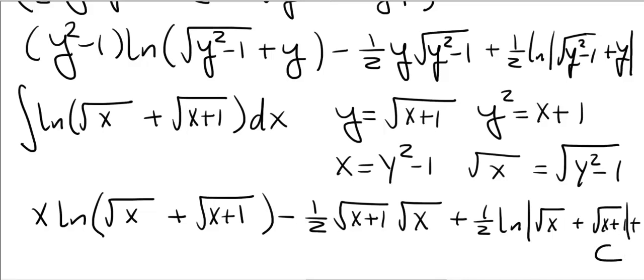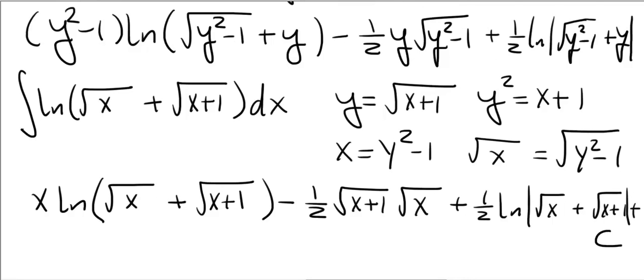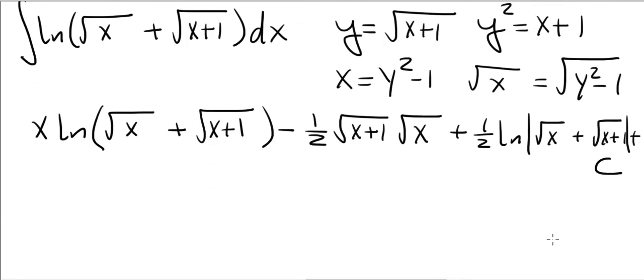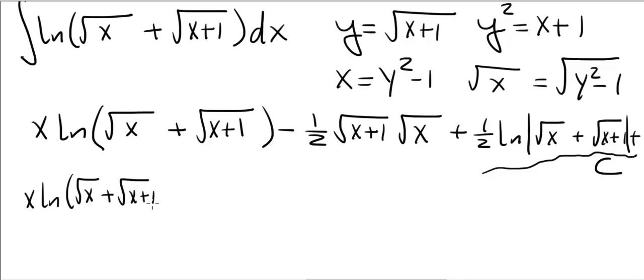But we can simplify this a little bit more, and the reason we can do that, right over here, there's no need for absolute value because square root of x plus square root of x plus 1 is never negative. So let's rewrite it like that. We have x times the natural log of square root of x plus square root of x plus 1.